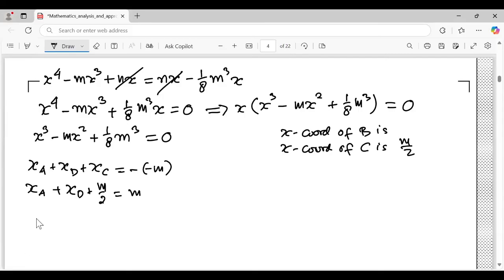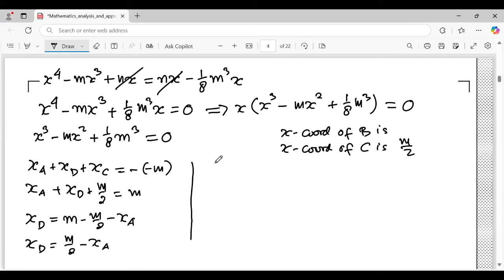Now I would like to rearrange this equation to get xd. xd is m minus m half minus xa. So xd equals half m minus xa. I prefer xd. You may create your own equations. If you like xa, it's okay, no problem. For xa, it means xa equals m half minus xd.